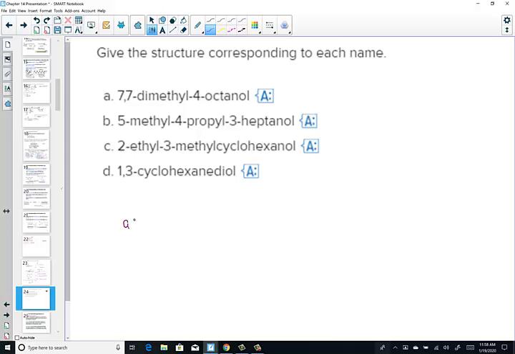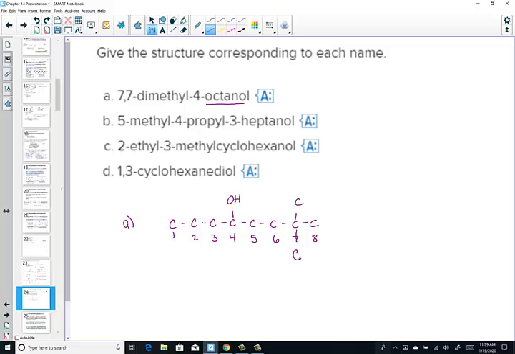Letter A. I like to look at the root word and get that kind of fixed out. Octanol. All right, so oct, that's 8 carbons. There's my 8. Carbon 4, I see the alcohol group. So I'm going to put the OH there. At carbon 7, looks like we have 2 of the same branches, 2 groups of methyl.